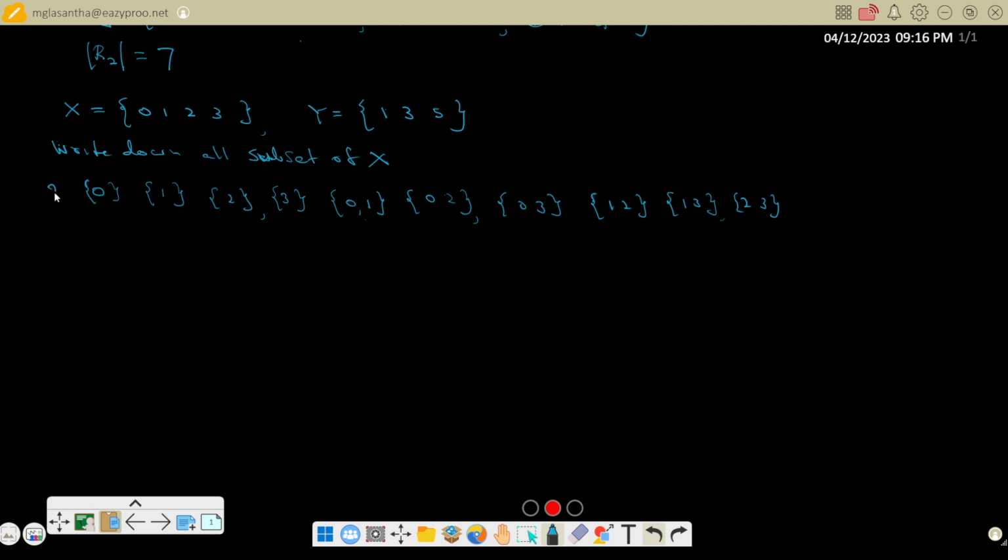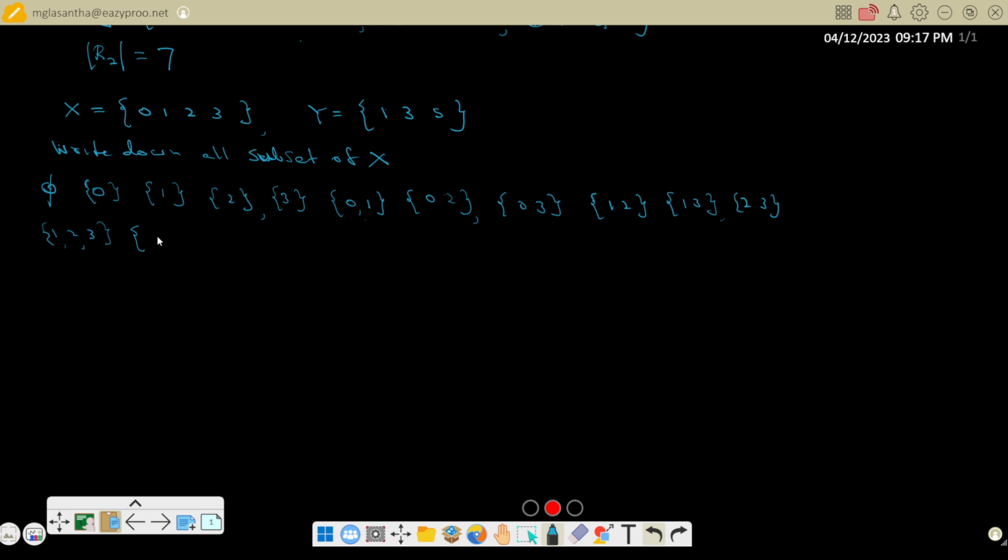Null set, subset of X or no? Null set means a set without any elements. Yes, it's a subset of X. If you select three elements, you can take 1, 2, 3, so you discard the 0. Is this a subset of X? Yes.